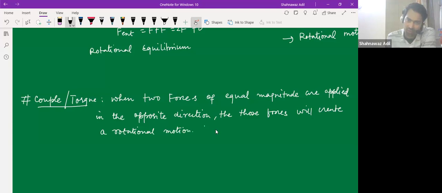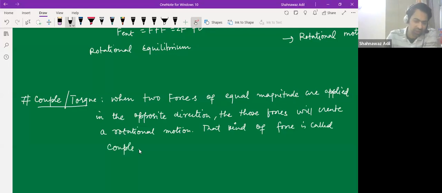So that kind of force is called a couple.